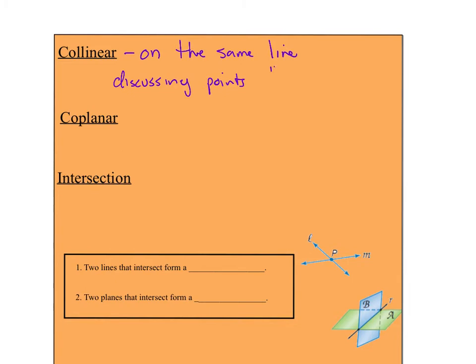So I would say something to the effect of A and B are collinear. That means A and B are on the same line. So collinear is a term you need to be familiar with.